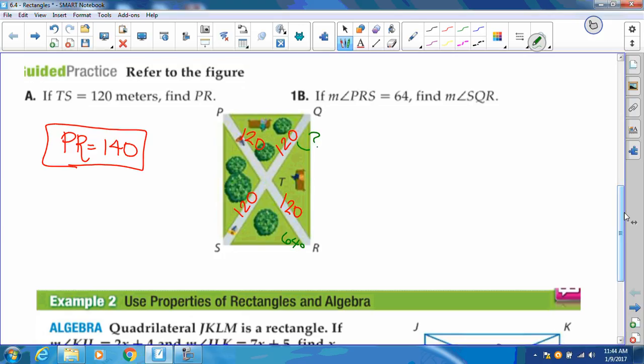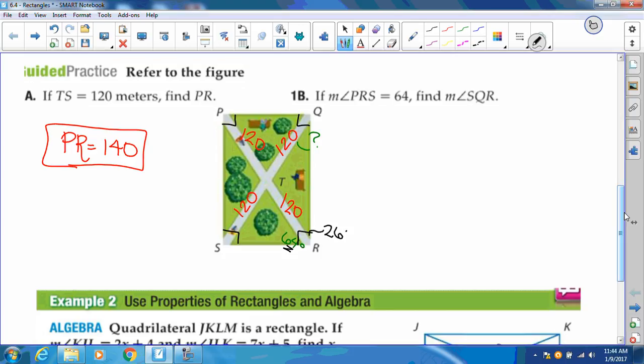So what we need to remember is, since this is a rectangle, then all four angles are right angles, which means if this angle here is 64, then if I subtract that from 90, that would make this angle, what, 26, right? Okay.